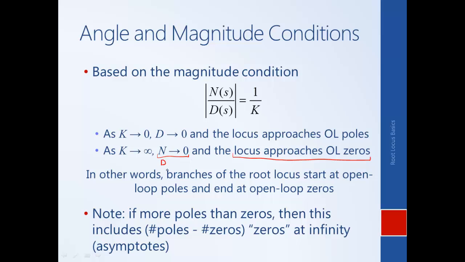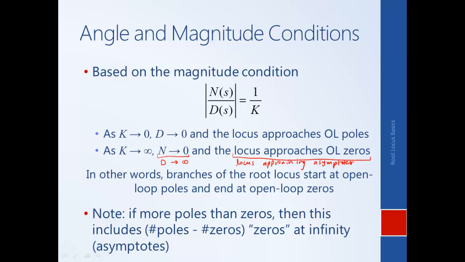It could also correspond to the denominator going to infinity, and that corresponds to the locus approaching asymptotes. Okay?